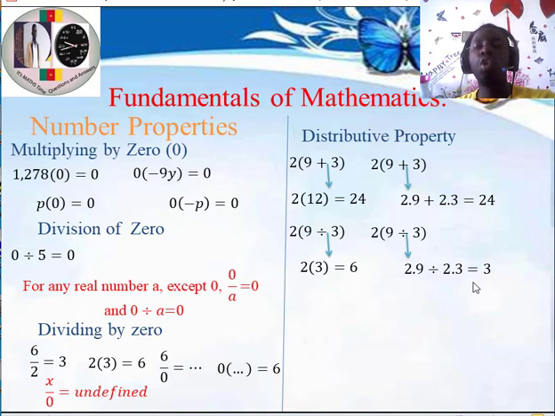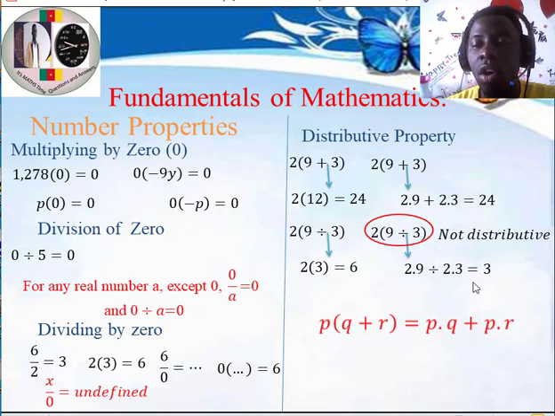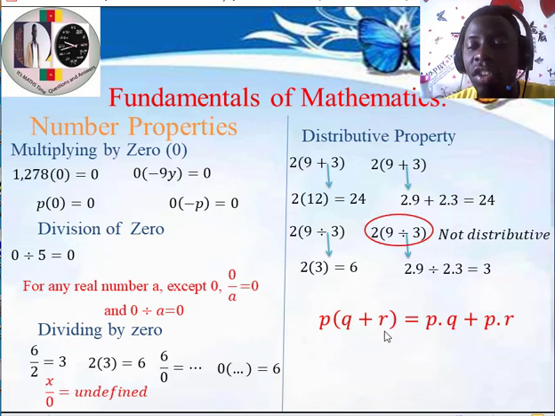Therefore, we need to know when a property or an operation is distributive over another and when it is not. So in this case, we can conclude that an operation is distributive over another when we have P times Q plus R, and the result is going to be P times Q plus P times R. In this case, we say that the operation is distributive.